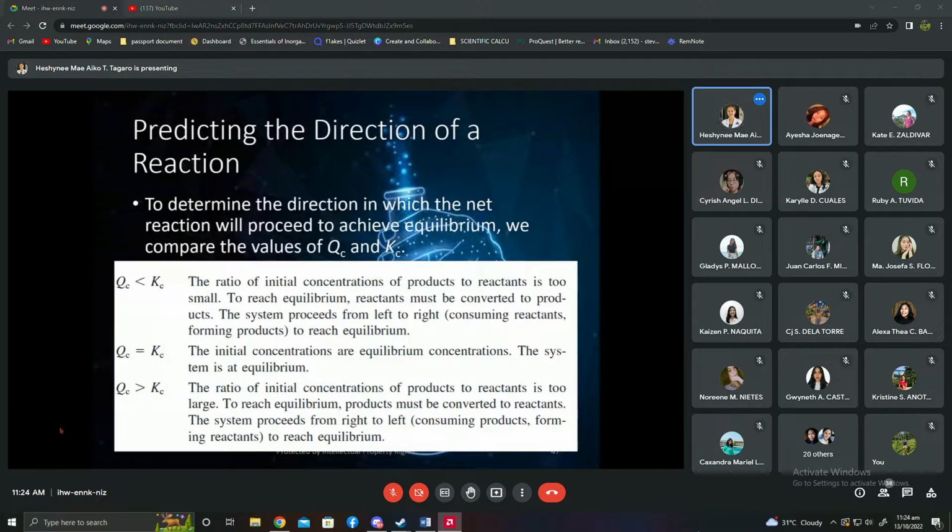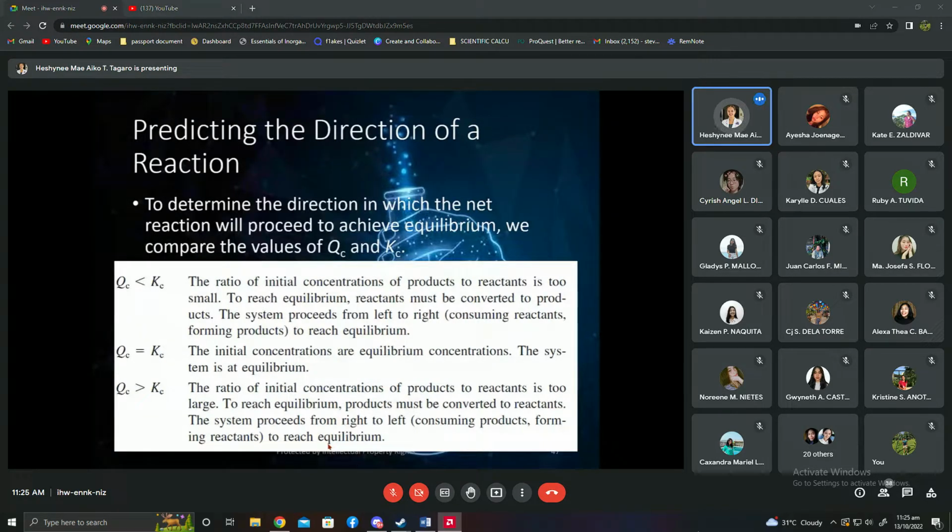That is why in a system wherein QC is greater than your KC, the direction of the reaction will proceed from right to left, consuming the products to form the reactants to reach equilibrium.